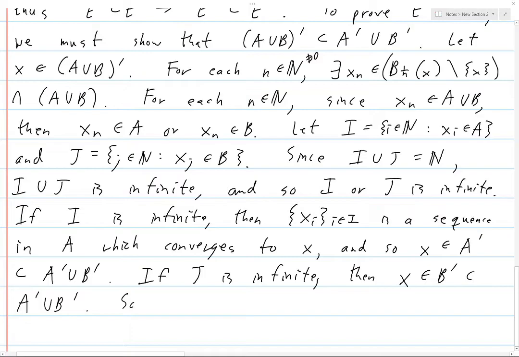So we are guaranteed to have x in A prime union B prime, and thus the closure A union B prime is contained in A prime union B prime.